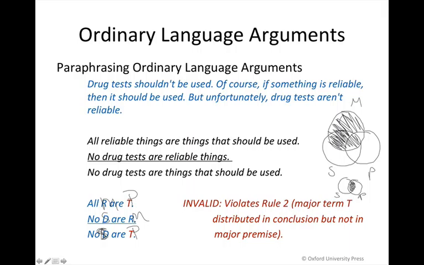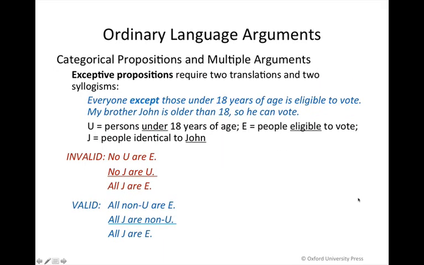Right? So just as a reminder, when you're dealing with ordinary language arguments that you're translating or rewriting into standard form for the categorical syllogism, you're going to use a number of the techniques that we learned in Chapter 5. Here is another example.